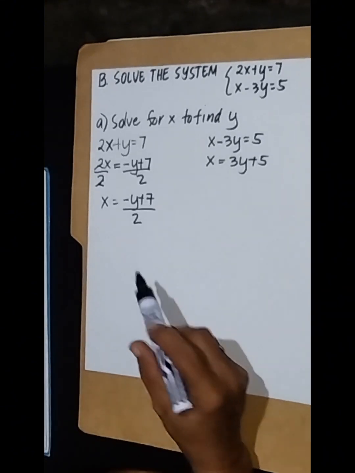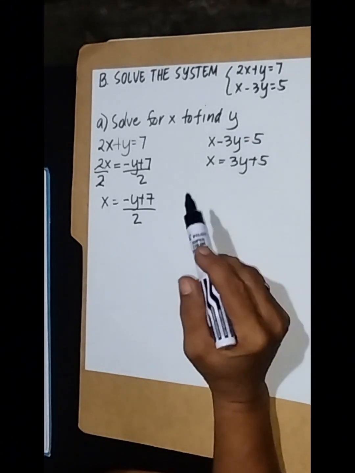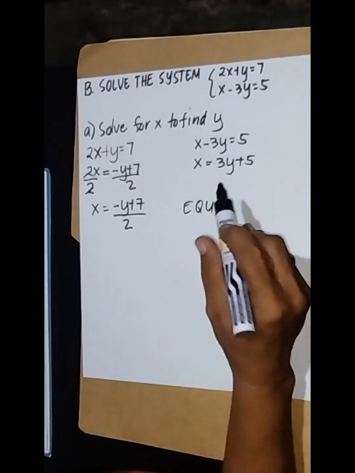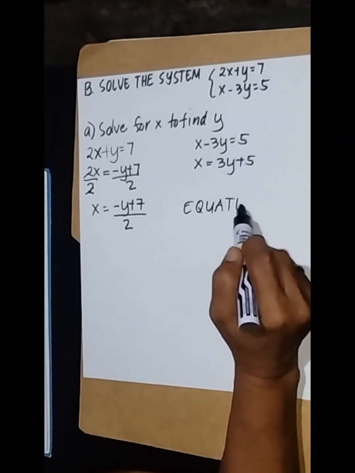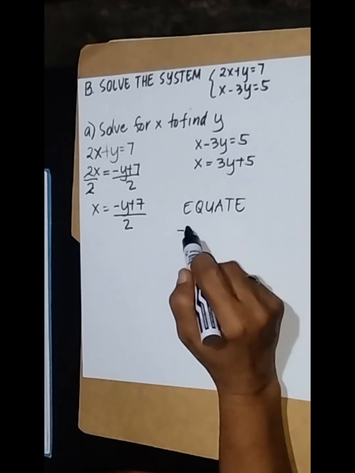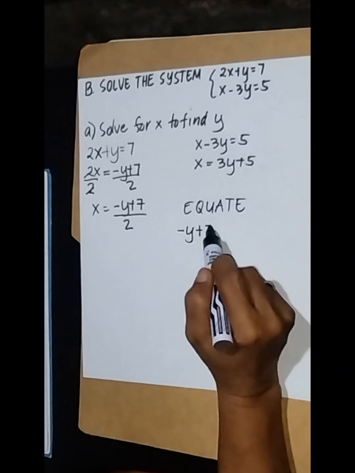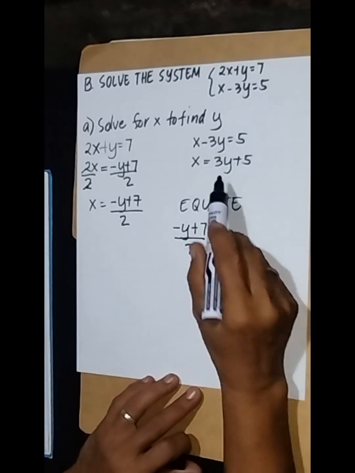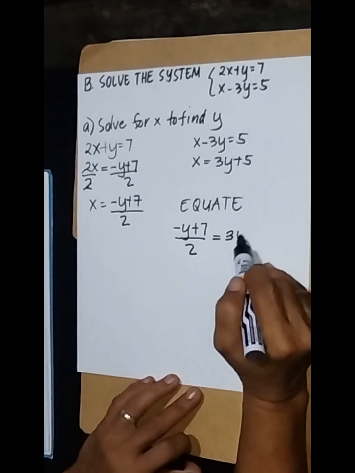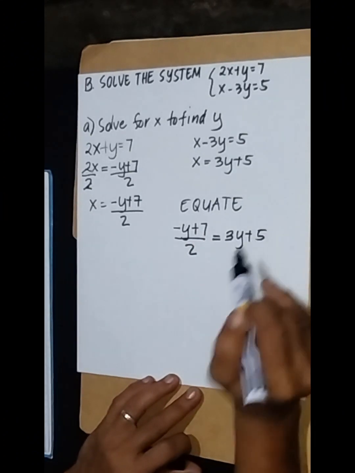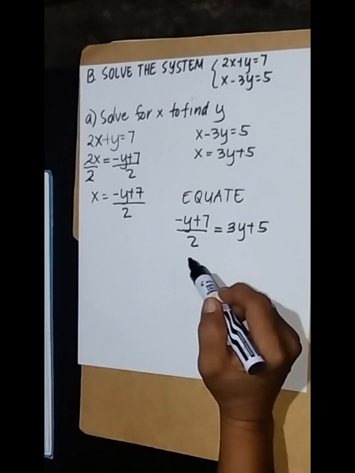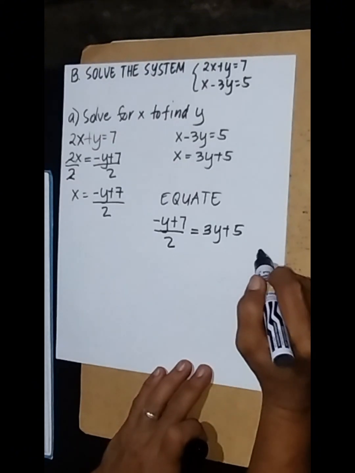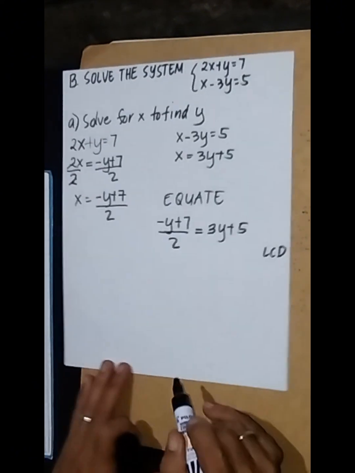So, since both are equal to x, so we have to equate. Equate po natin. So, negative y plus 7 over 2 is equal to 3y plus 5. So, since this is a fraction, we have to get the LCD. So, ano po ang LCD?